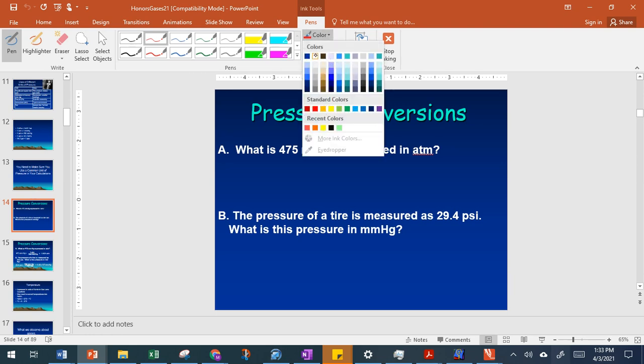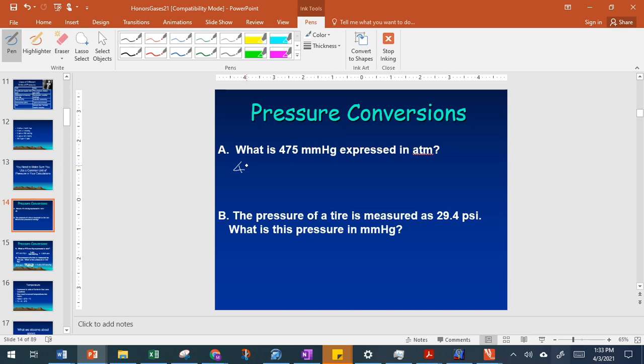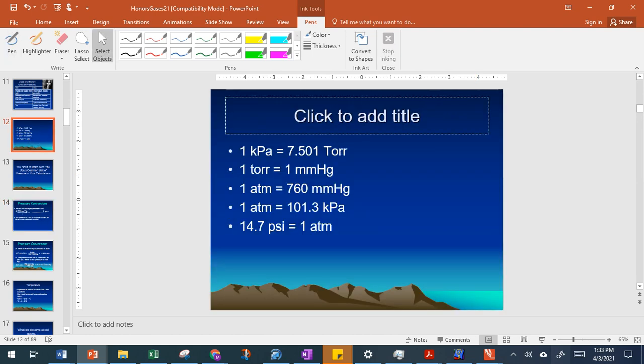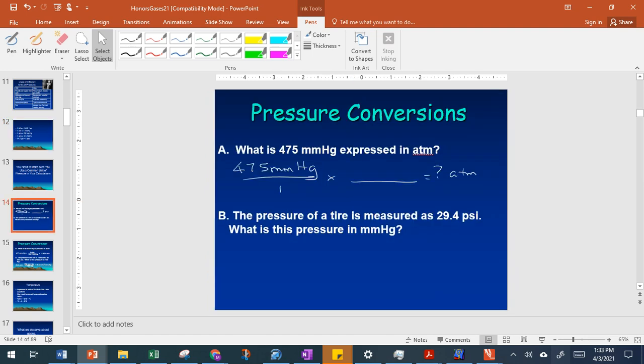Okay, so we have 475 millimeters of mercury, and we want to get this to atmospheres. Whenever you're doing these kinds of problems, you have to go back and look at your relationships. So we see here that 1 atmosphere is equal to 760 millimeters of mercury. I find it very helpful to set these up like a conversion factor. So we have 475, and we want to get from millimeters of mercury to atmospheres.